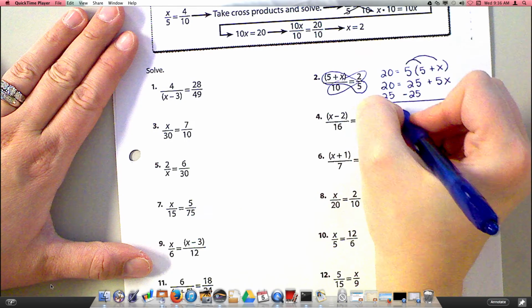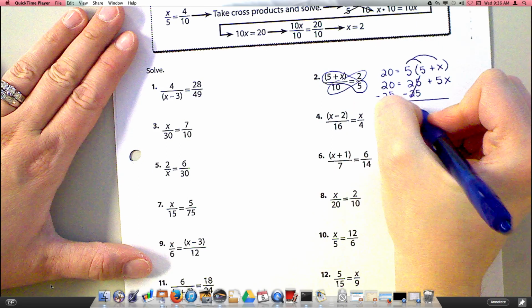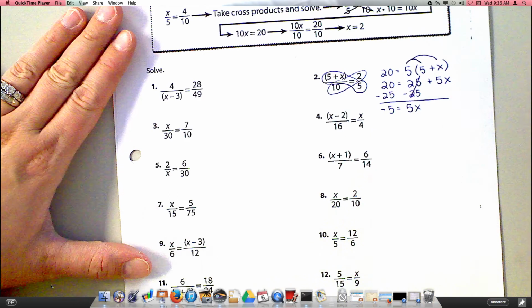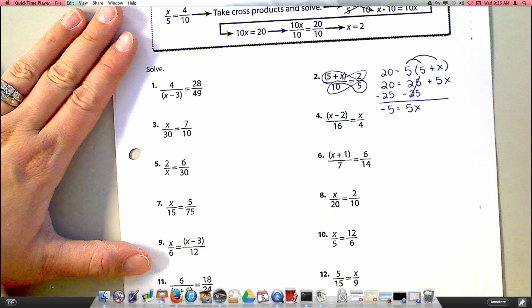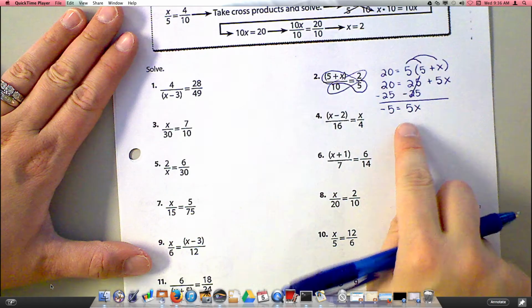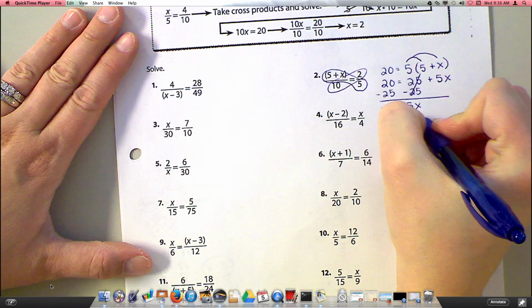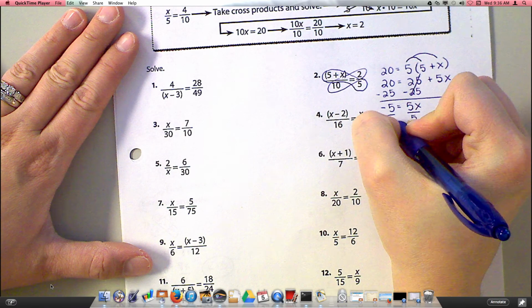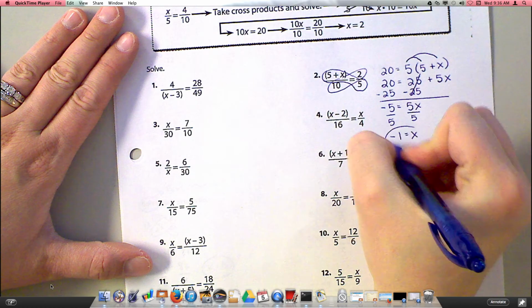So we end up with negative 5 equals 5x. Okay. Polina, what do I do last? By positive 5. I'm dividing by what's with the x. So let's divide by 5. Divide by 5, yep. And negative 1 equals x.